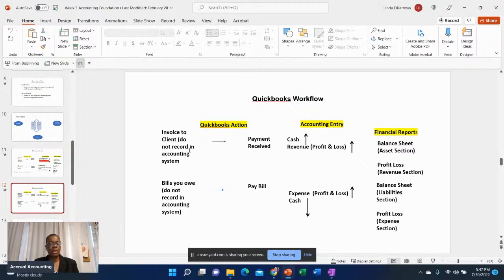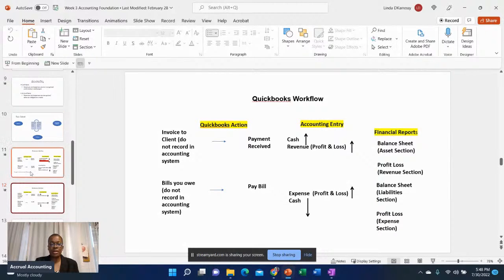Even with bills, a lot of businesses, even some nonprofits, don't enter their bills into their accounting software. Using accrual basis allows you to have accurate records, and also an accounts receivable report and an accounts payable report.